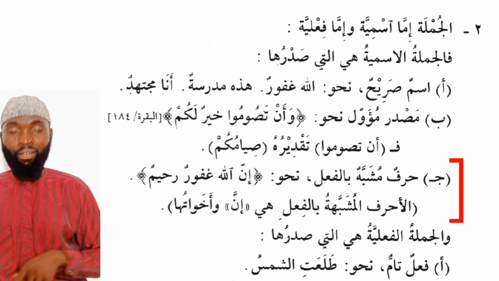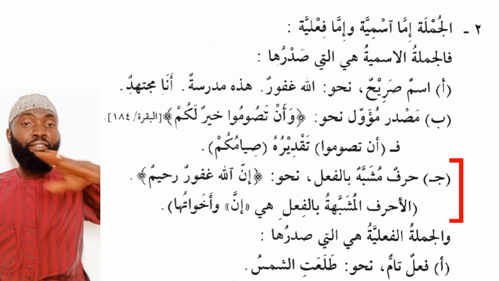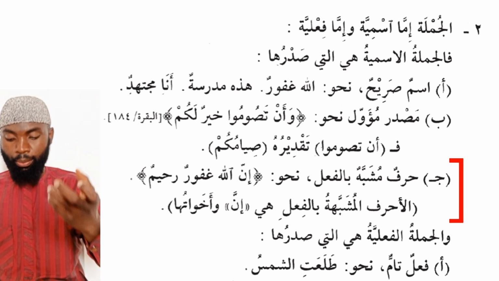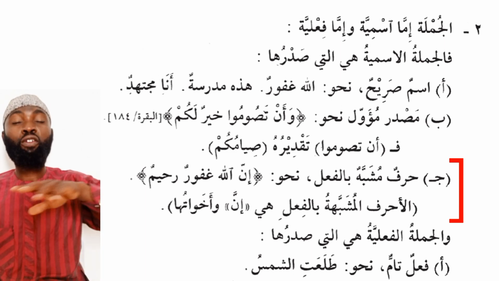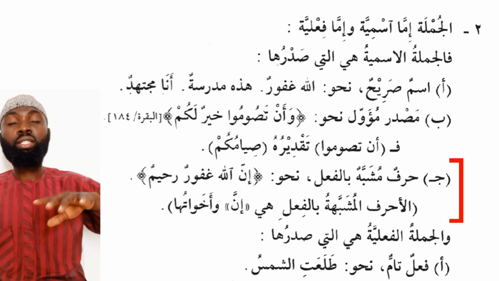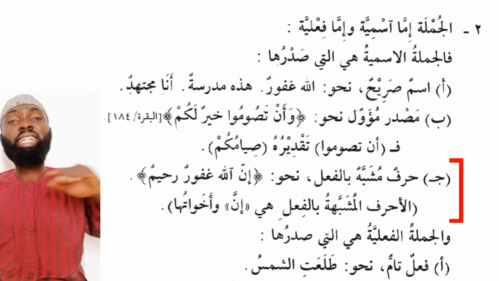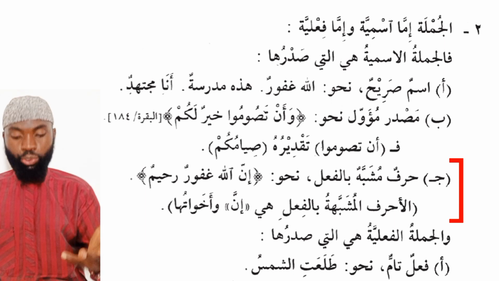So now under here we have al-ahruful mushabbahatu bil fi'l. Verbs or particles which look like a verb are inna wa akhawatu, and the subordinates of inna, and this we have discussed in the previous episode, link placed above. You can watch it to understand inna and also its sisters or its subordinates and how they are being used.